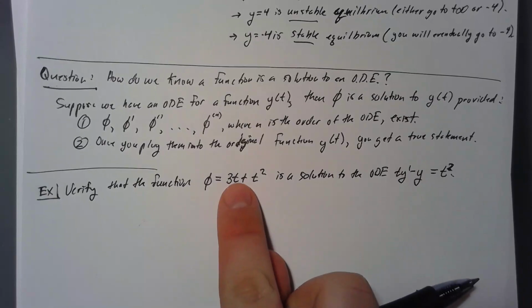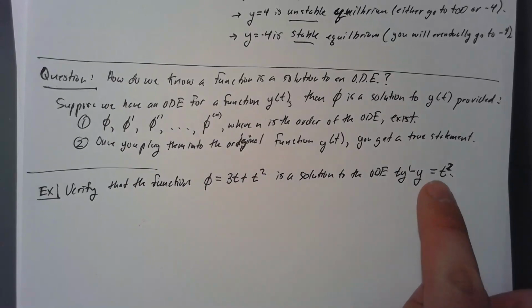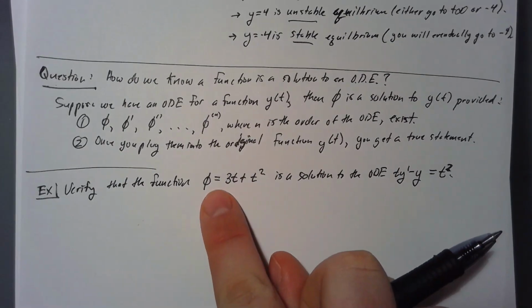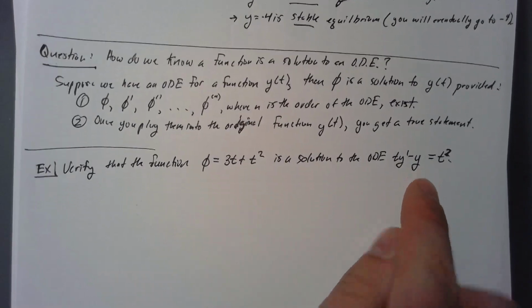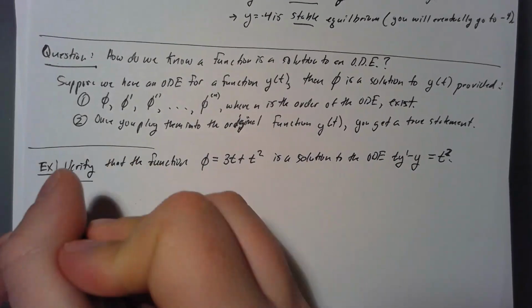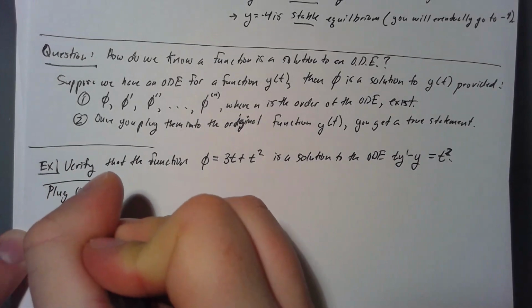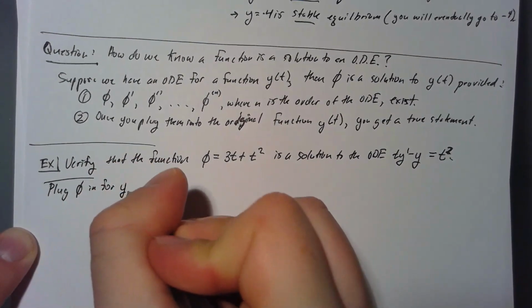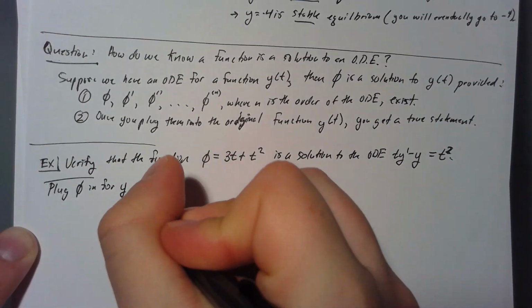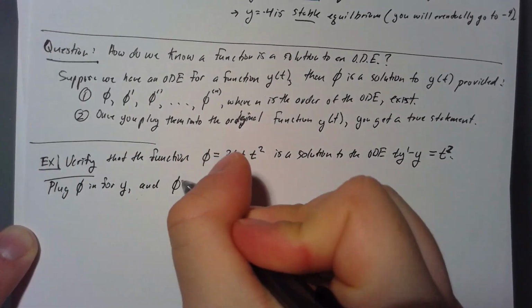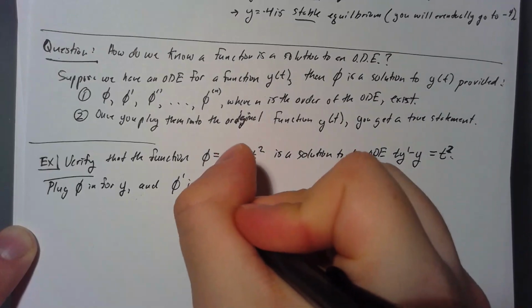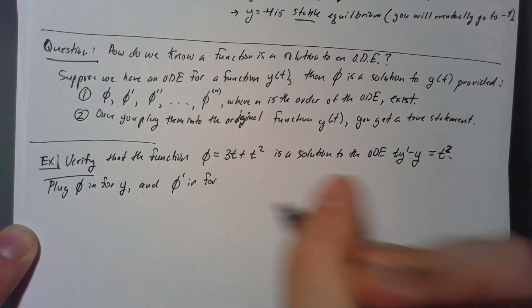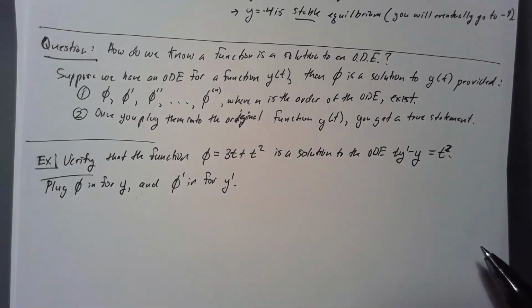So when I'm trying to verify that this is a solution to this, I have to plug phi in for y, and I want to plug in the derivative of phi in for y prime.